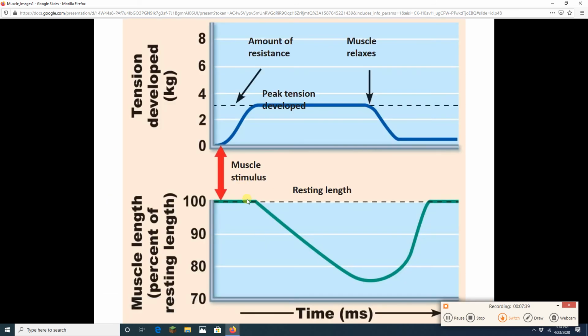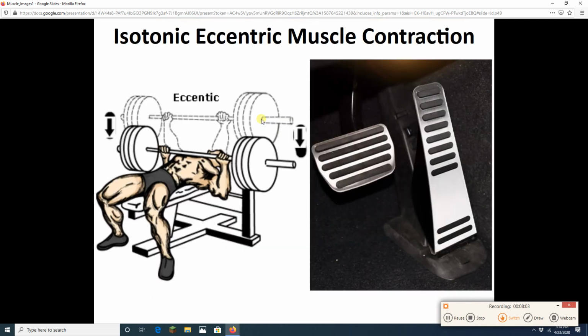So the muscle doesn't shorten until we've got enough tension to move 3 kilograms. Now here's the key. This period right here, the tension does not change. That is the isotonic part right there. All right, so this is isotonic concentric contraction.